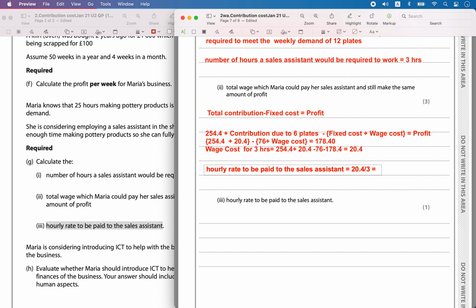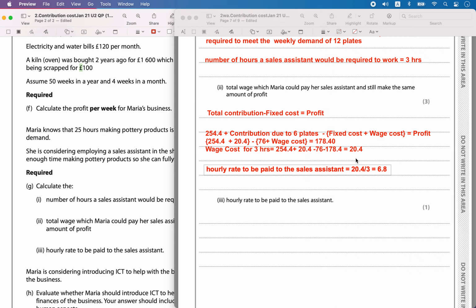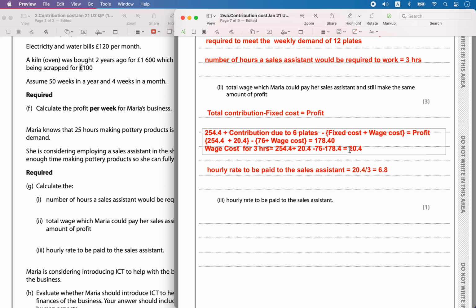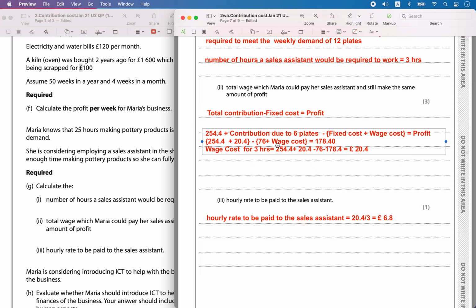That is going to be equal to 6.8 pounds. So she will need to pay only 6.8 pounds. Okay, this was the wage cost she will incur for 3 hours. And per hour she will have to pay 6.8 pounds to that laborer. Okay, so that is the hourly rate to be paid.